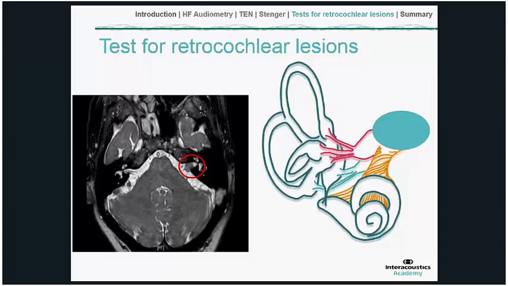In that case, one requires further diagnostic tests to differentiate between a sensory and a neural or retrocochlear loss. There are a number of these tests.